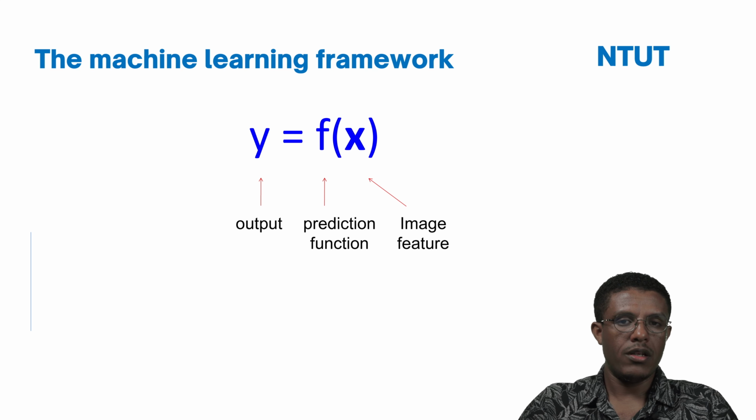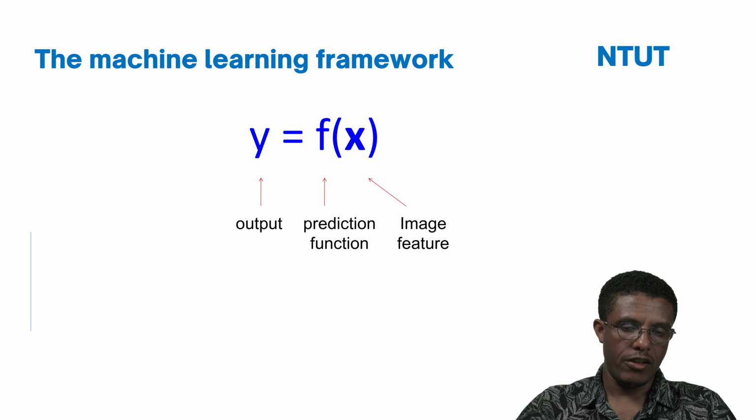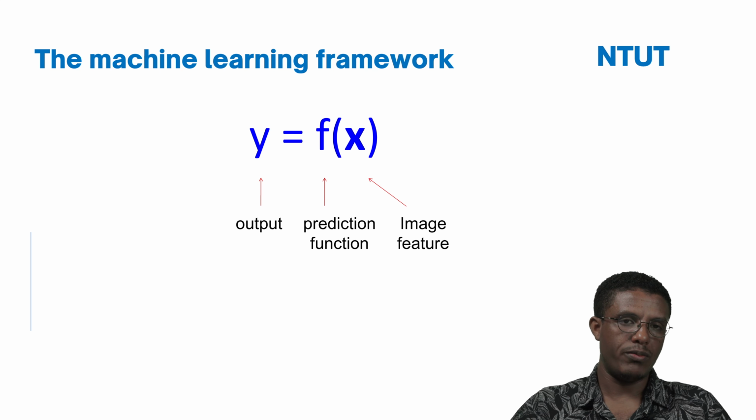Finally, in order to determine whether our model achieves our goal or not, we use a performance measure. That's called the performance metric. So machine learning is defined with these three terms.